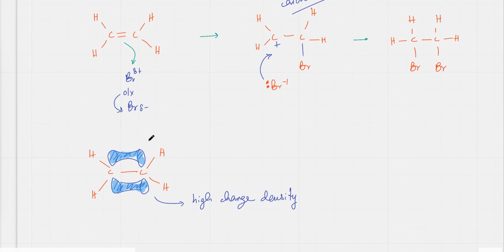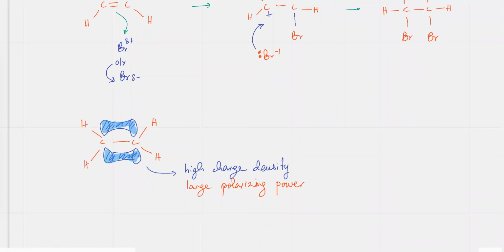I mean, the spare electron of carbon over here and the spare electron of carbon over here, they're going to overlap above and below. So the charge density is kind of concentrated. It's a very high charge density. So it's got very large polarizing power.